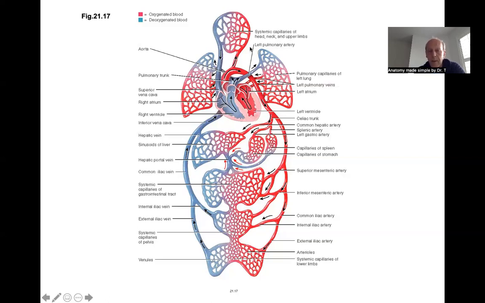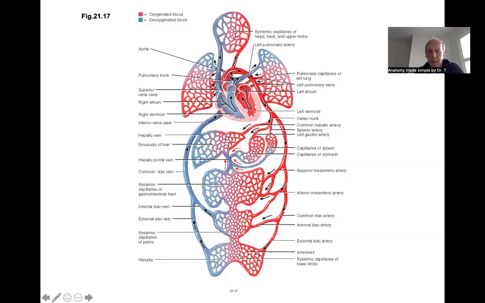Speaking of systemic circulation, once the oxygenated blood enters the left atrium, atrial contraction pushes it down into the left ventricle, which then contracts on its own, sending the blood into the single largest blood vessel in the human body, not the longest, just the largest because of its caliber, and it is the aorta.